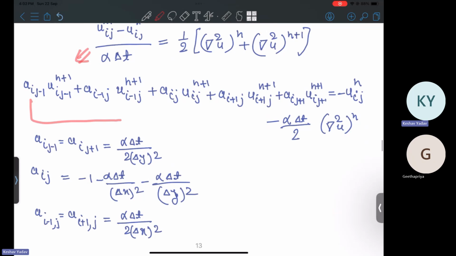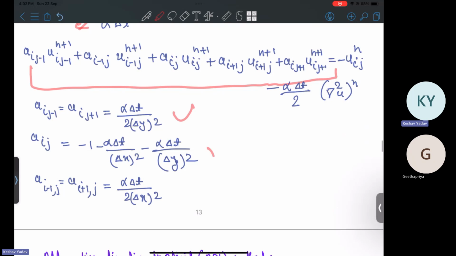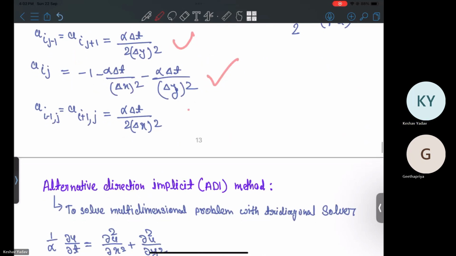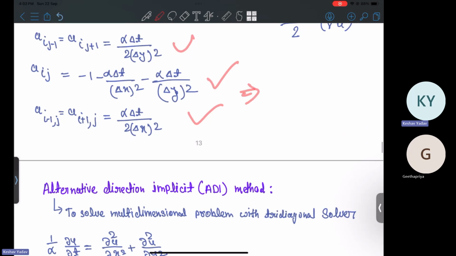You'll see that it will lead to the same pentadiagonal type of equation, with some different aij values. It means this also can be solved using Gauss-Seidel at every time step. Okay? Clear?